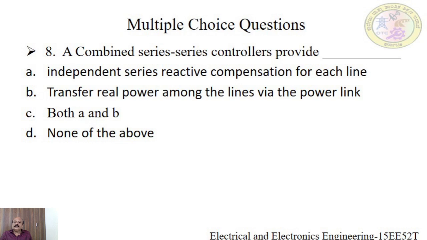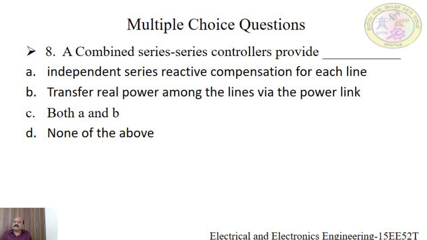A combined series controller provides, as I said earlier, independent series reactive compensation with the help of series controllers in each line. Since they are unified, the real power among the lines may be linked with the power link. Therefore, answers A and B both are correct.